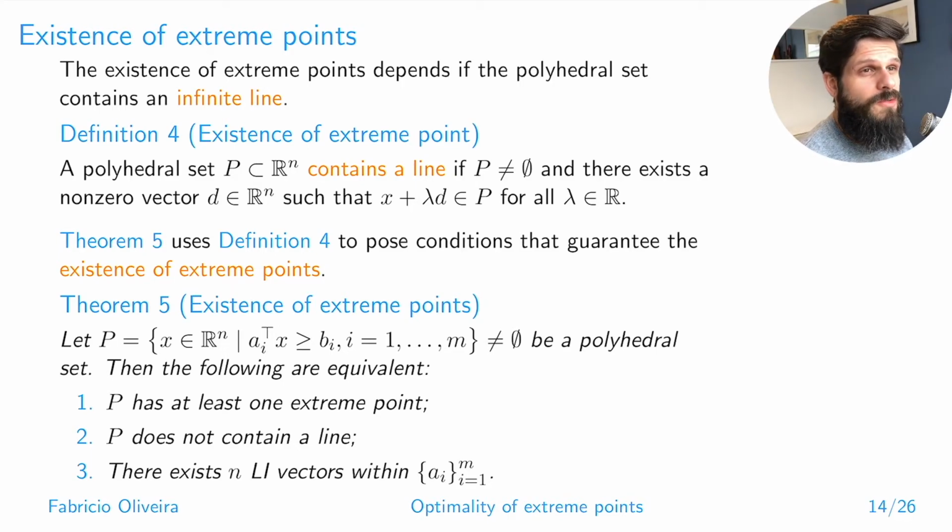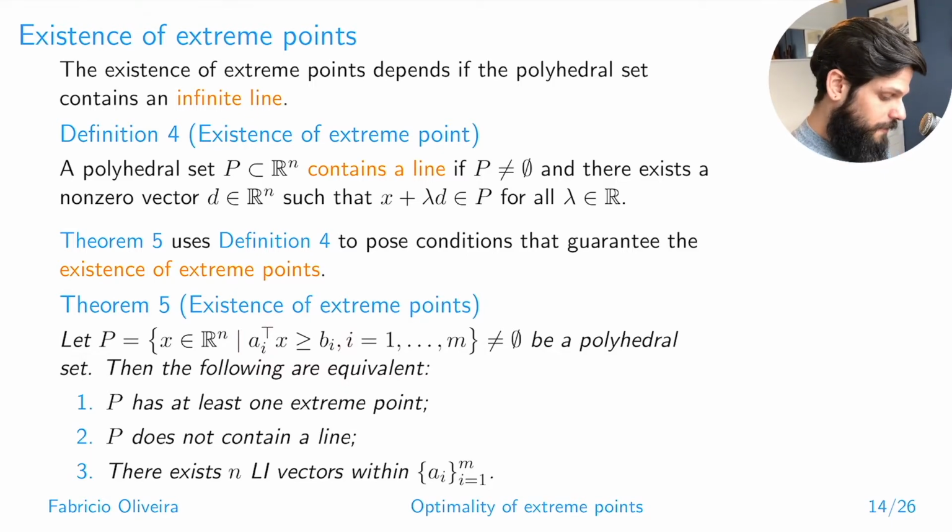So I'll give you a proof by picture, because honestly the consequences of that for what we're doing are not so important. But basically the story is like this. The following three are equivalent. Let our polyhedral set be defined by a collection of half spaces, like so.